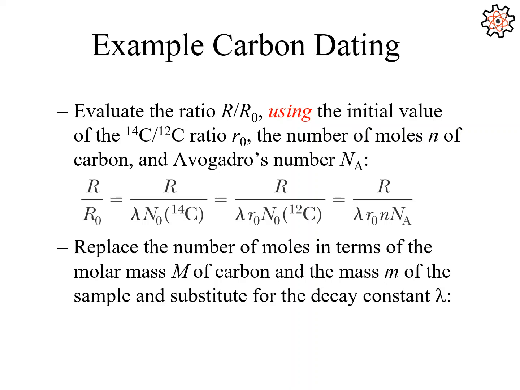So we can now go about working out what R over R0 is. That's R over lambda N0 for carbon-14, which is that denominator is equivalent to lambda R N0 for carbon-12, given that R0 is the ratio of carbon-14 to carbon-12 number. We can rewrite the denominator yet further in terms of number of moles, little n, times Avogadro's number for carbon-12.